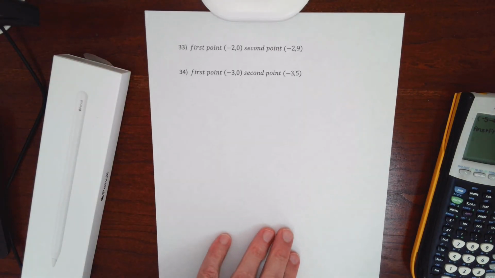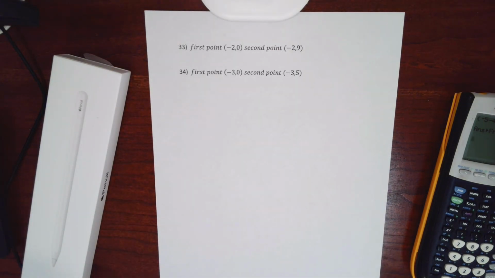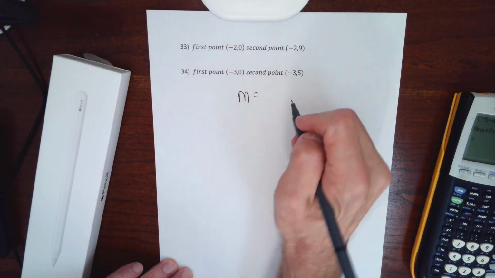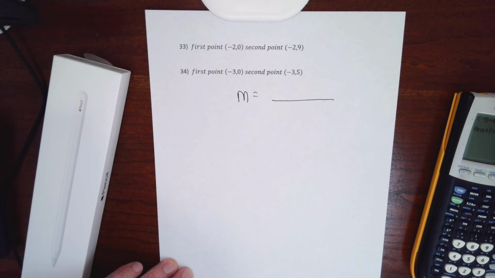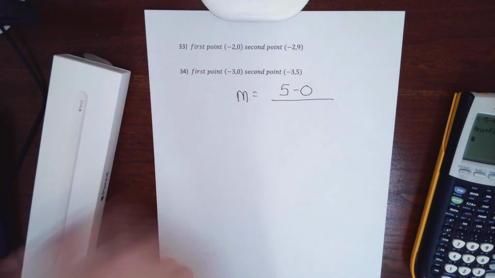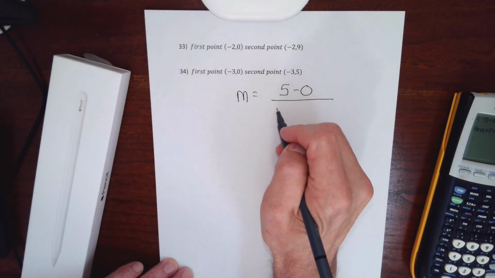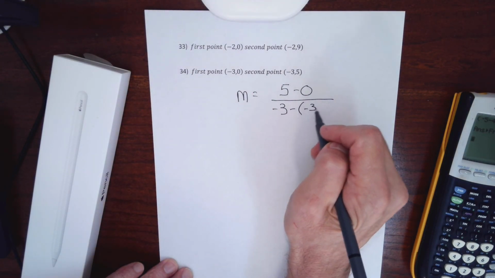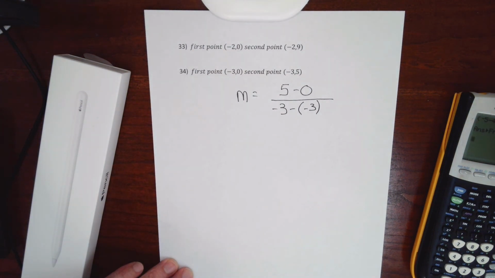Last problem, and we'll be done with this section 2.2a. Same question, find the slope of a line that connects those 2 points. Subtract the y-coordinate of the second point minus the y-coordinate of the first point in the numerator, and the x-coordinate of the second point minus the x-coordinate of the first point in the denominator.